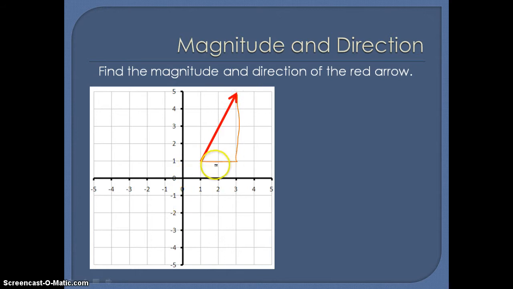we've got this horizontal amount of 2 units, and vertically we've got 4 units. So if we want to find the magnitude, that's going to be the square root of 2 squared plus 4 squared.